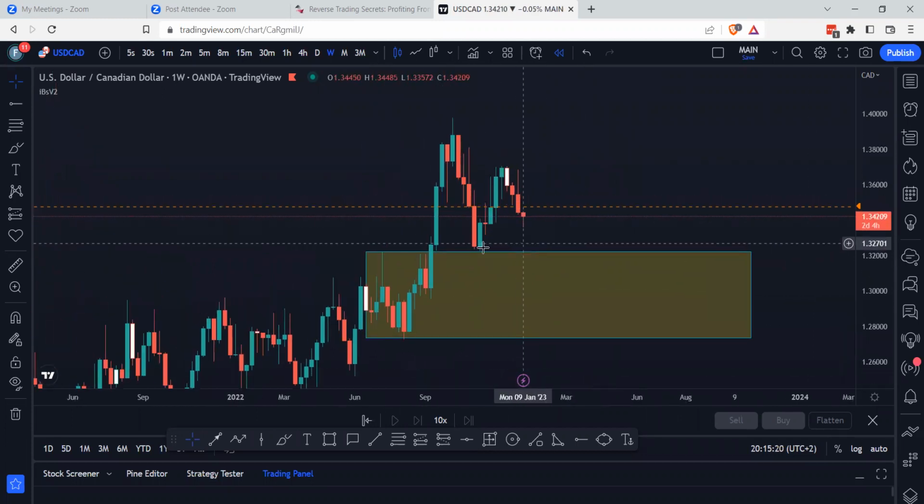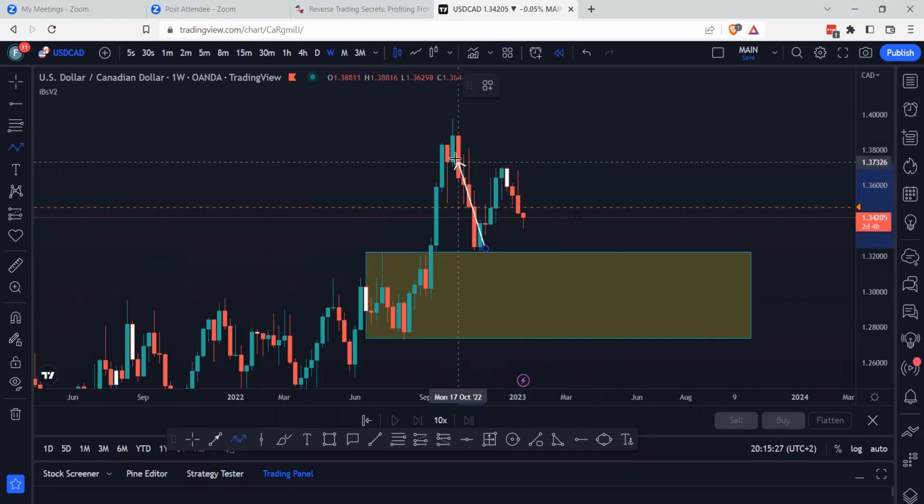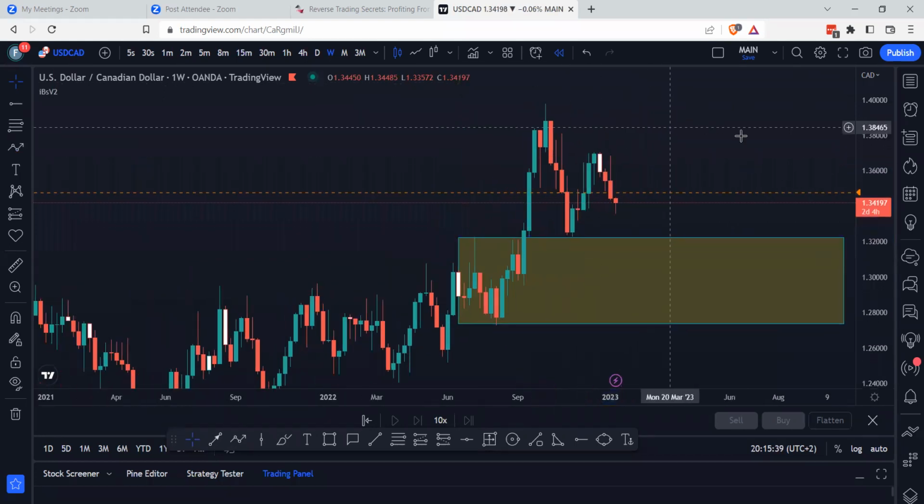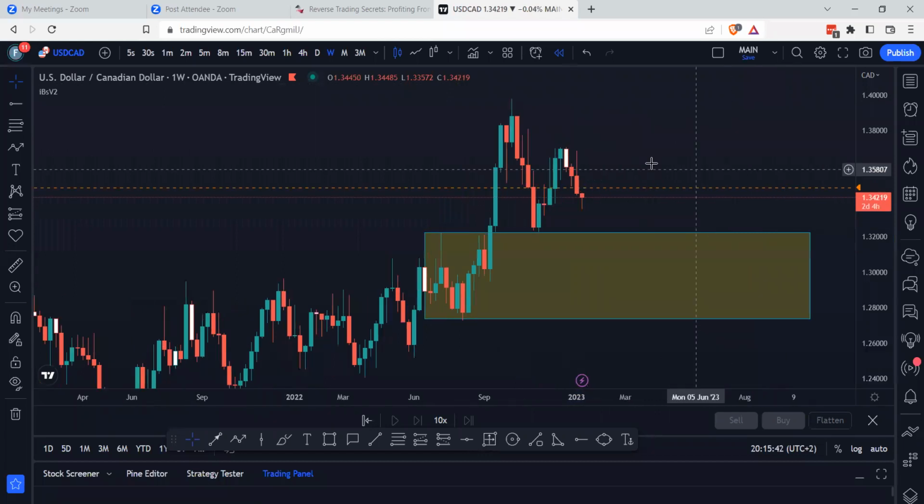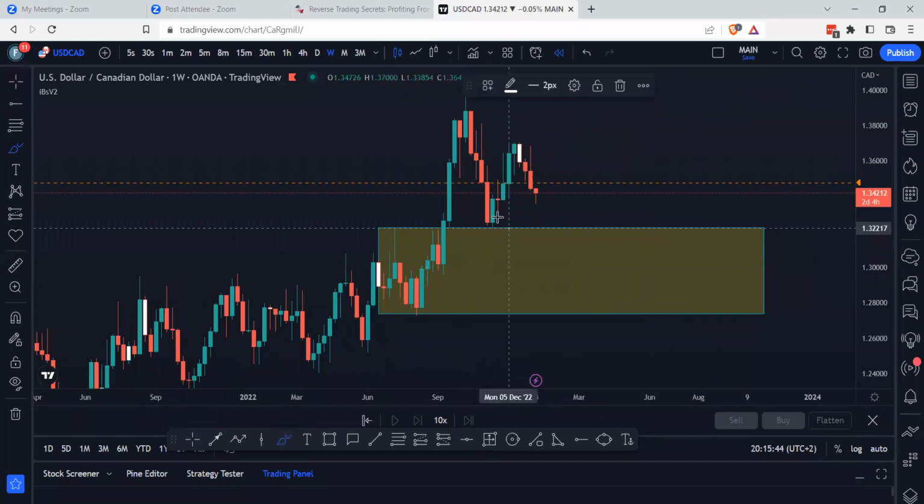So if this touch should really hold, then price should have possibly broken the supply to create a new high. But that did not happen. Price is currently retracing now. Okay, so ultimately we're in an uptrend on the weekly chart with the possibility of price still coming back down here to grab liquidity. Okay, so again, the goal of higher time frame like the weekly chart is just to give you an idea, a story of what is going on.